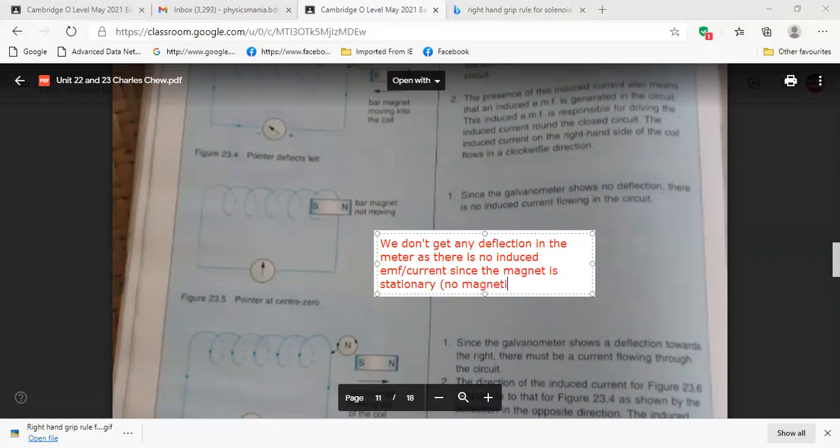Magnetic fields are not changing. Is it clear now? What I wrote, is it clear to you? Yes.